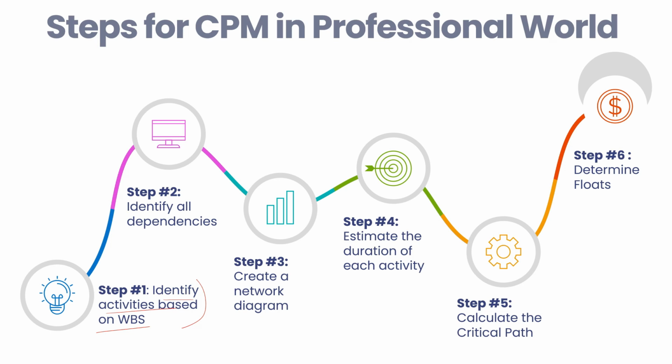So step one is identifying your activities, and remember, while we were solving the problem, we were getting like 10 to 15 activities. But in the real world, these activities can go to 2,000 to 4,000, even 10,000 activities, depending on the type of project. Let's say you have a $1 billion project, right?